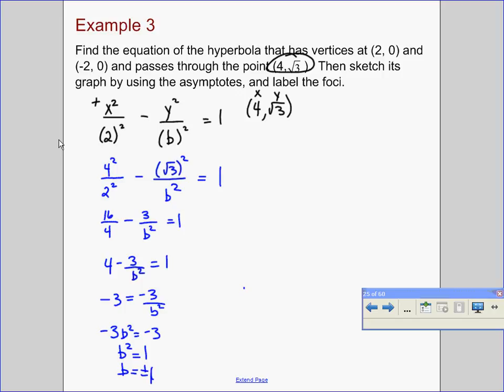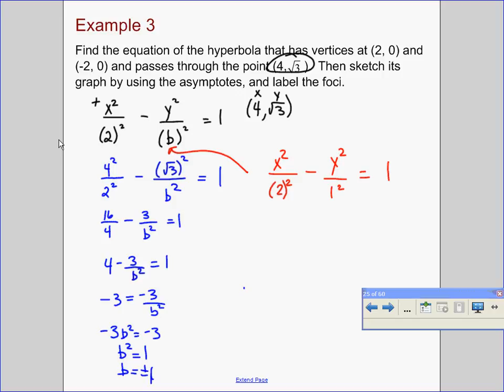All right, so now I know what b is, so I can go back and plug that into my equation up here, giving me x squared over 2 squared minus y squared over 1 squared equals 1.